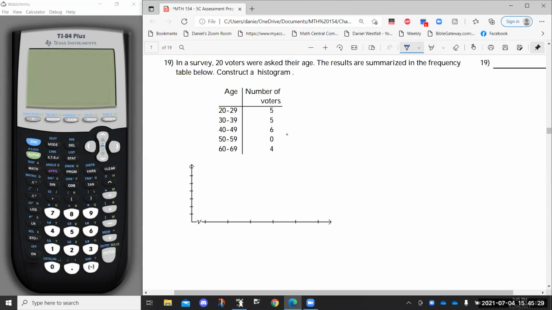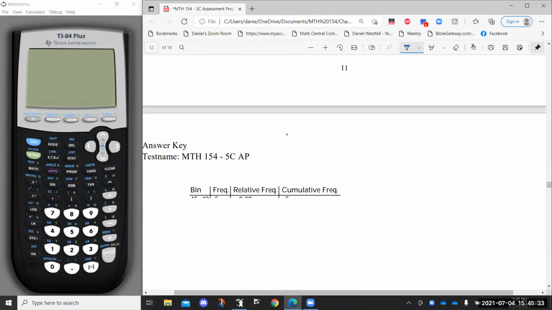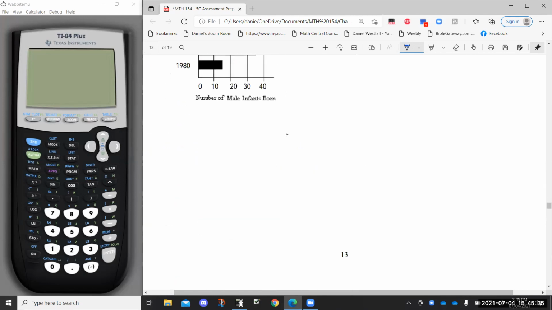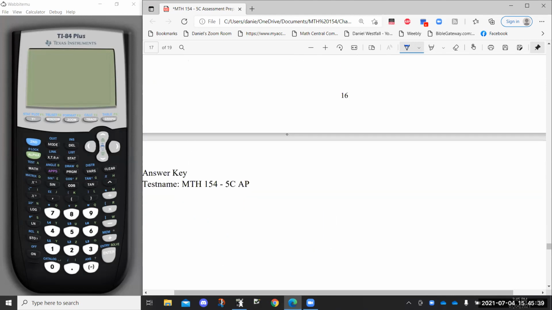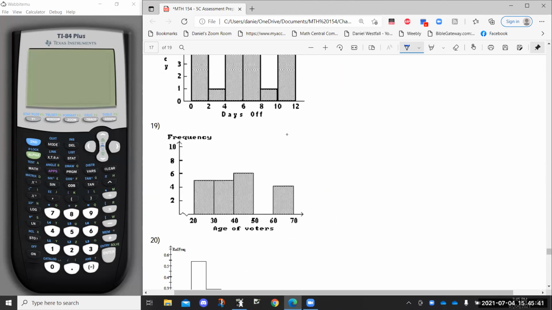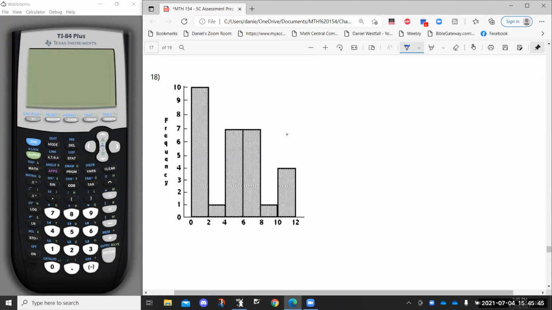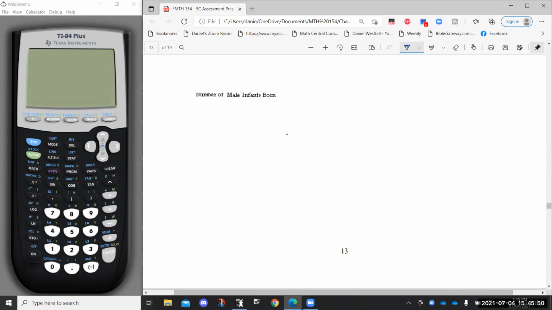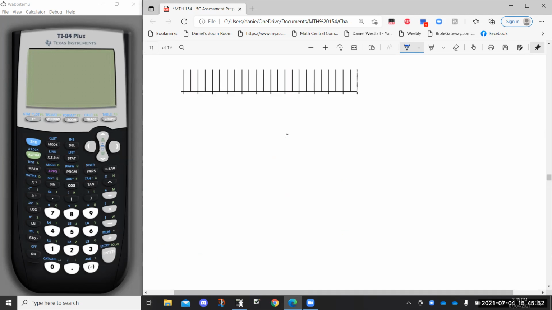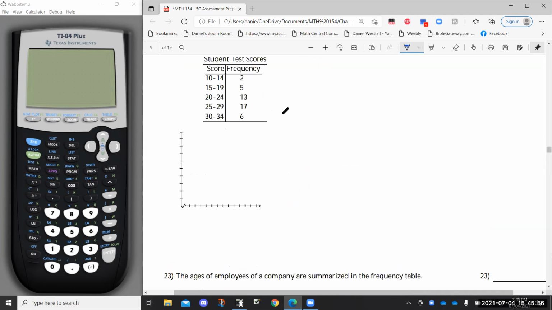I don't think they're using the tick marks. Let me see if they're using the tick marks here to make the histogram. They are. So they're saying 0 to 2. Because that doesn't change anything.